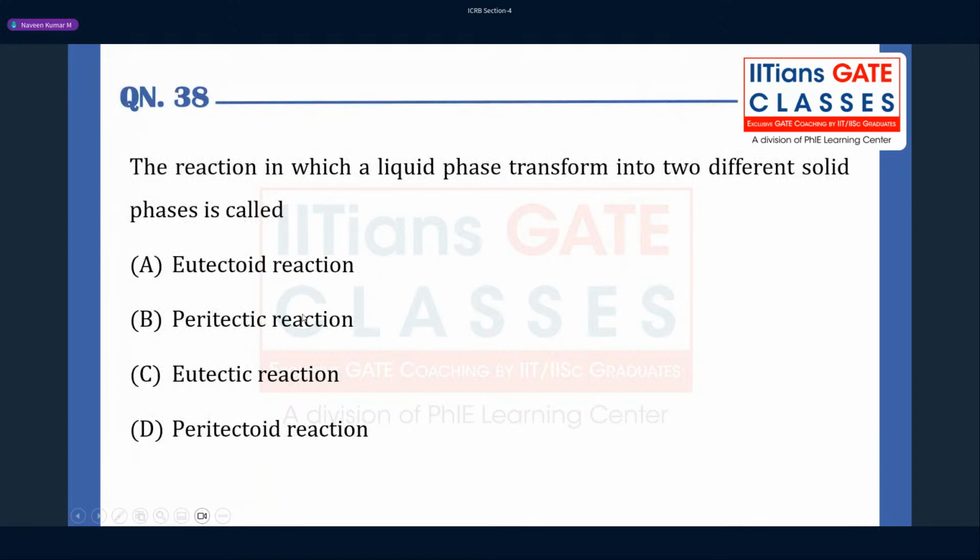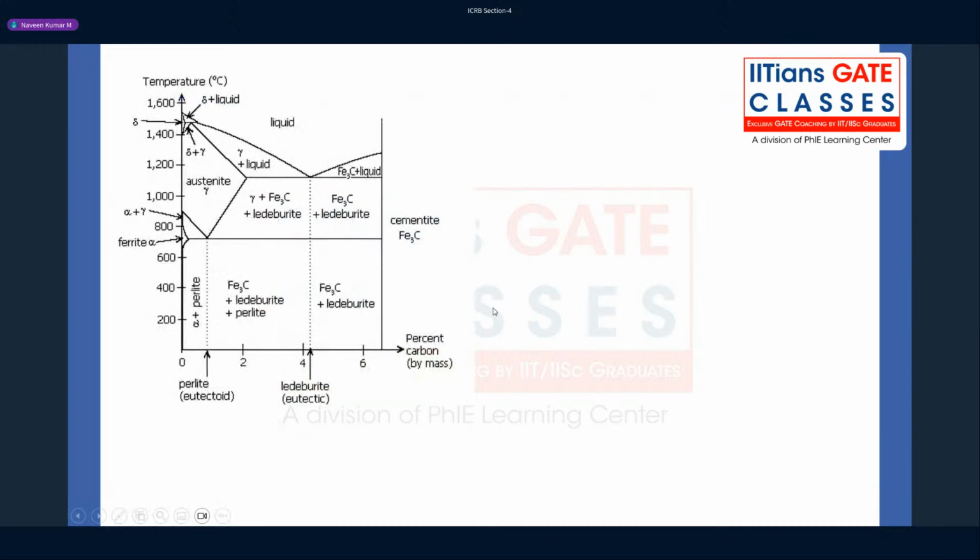Next, the reaction in which a liquid phase transforms into two different solid phases is called. Okay, there are 4 reactions here as given. These all belong to the iron carbide diagram only.